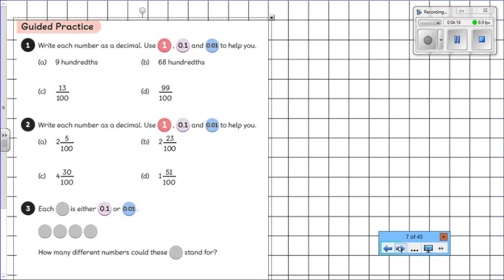So in the guided practice, you're going to need to write each of the numbers as a decimal. It suggests that you might use some place value counters.